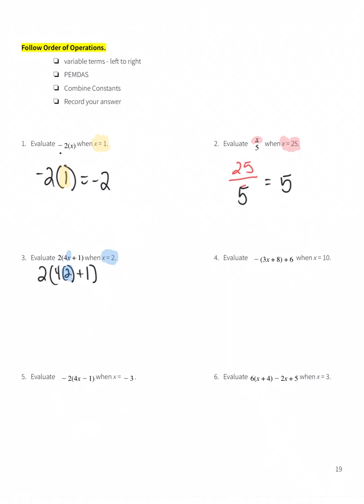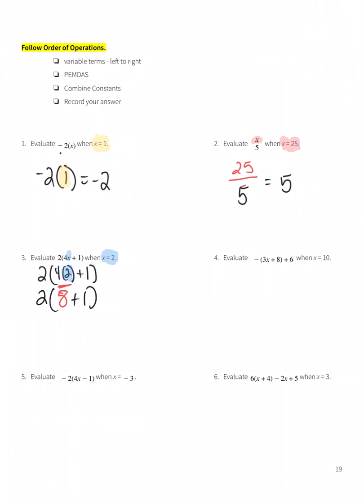Next, I go ahead and I multiply my value of the variable by the original coefficient. So that just pretty much means I do 4 times 2. 4 times 2 is 8. Now I write the rest of the expression. 2 times (8 plus 1). Now I follow the order of operations. Remember, whatever is in the parentheses is first.